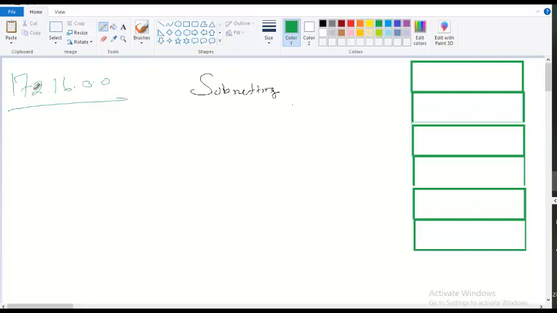The default mask of this network is 255.255.0.0. I need more networks. Already, class B has got these 2 octets reserved. That's the word; in a common word, masked.